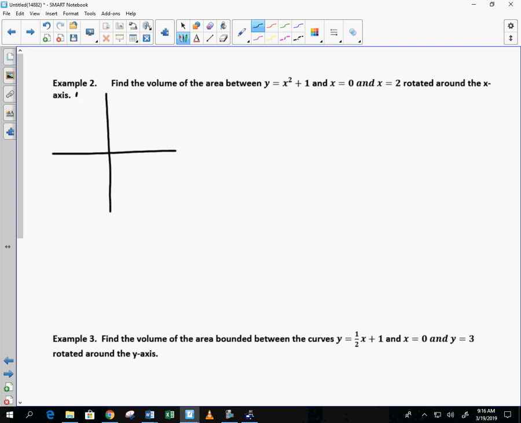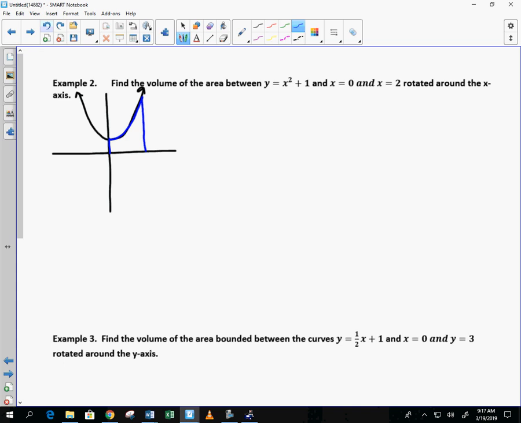Parabola. Now what? So I got x equals 0. I've got x equals 2. And I've got this function.